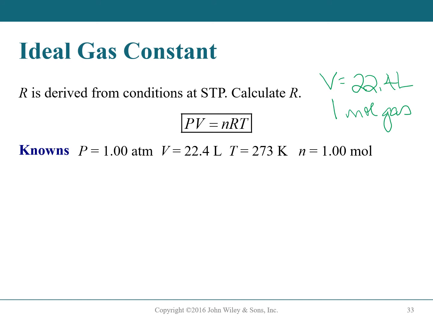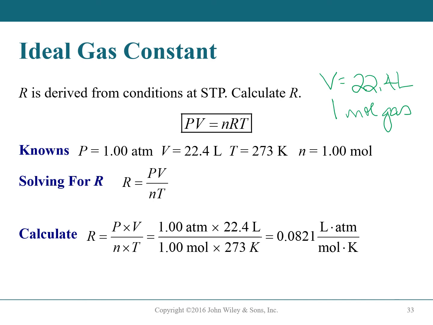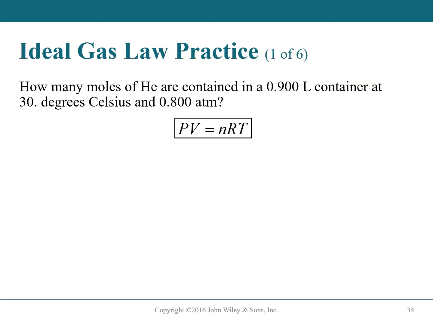The temperature, defined by STP, is going to be 273 Kelvin, and the number of moles of gas is 1. So if we just go ahead and rearrange our equation to solve for R and plug in our values, we see that R is equal to 0.0821 liter atmospheres per mole Kelvin. Okay, so make sure we keep an eye on our units. That's really important.